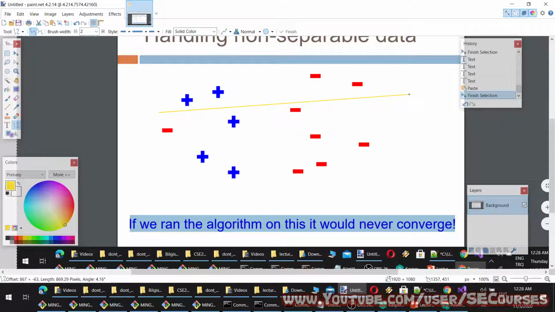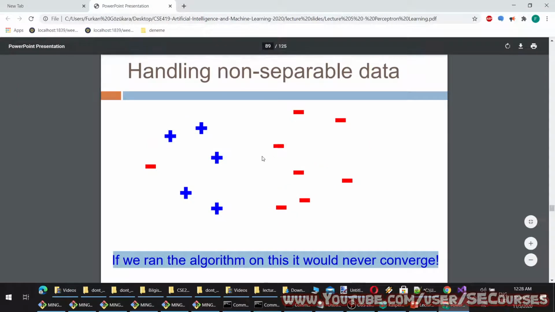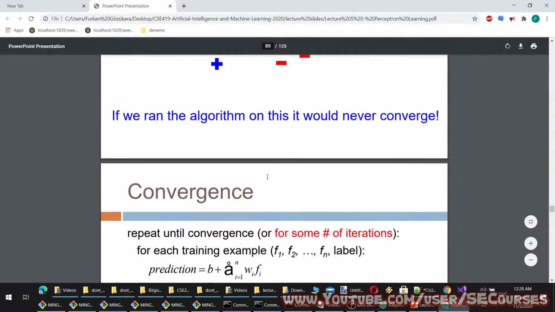Whatever you draw, it will not separate both classes correctly. Therefore, it will never converge. What would be the best line? The best would be something like this. Okay, so this would be a classification error, however, after a certain number of iterations, we would stop the algorithm. So that is why the number of iterations is necessary.